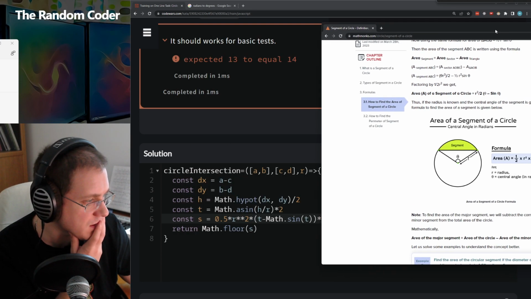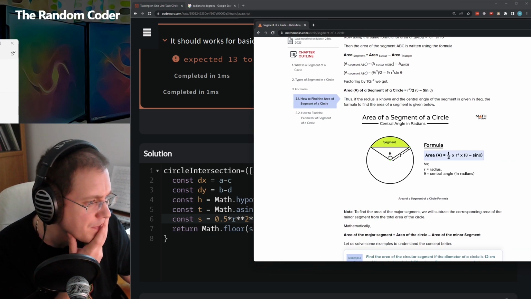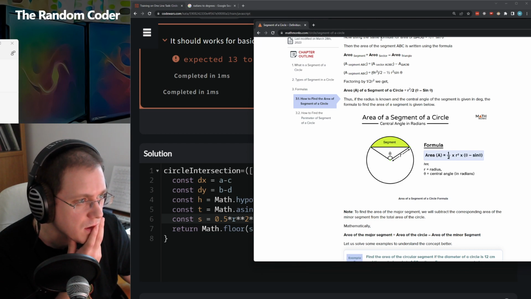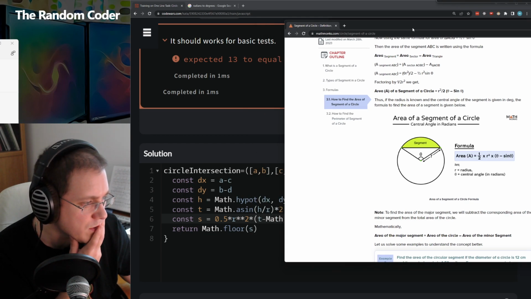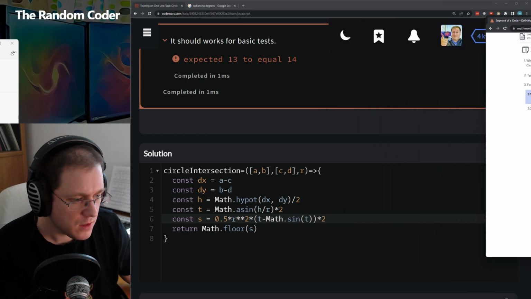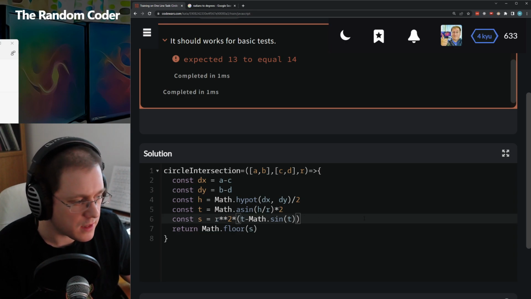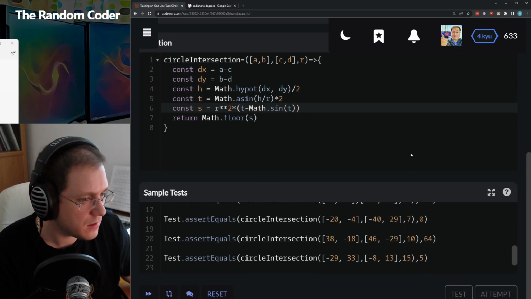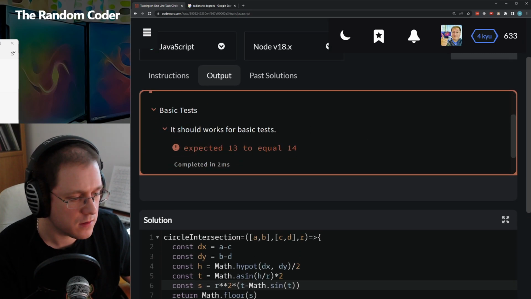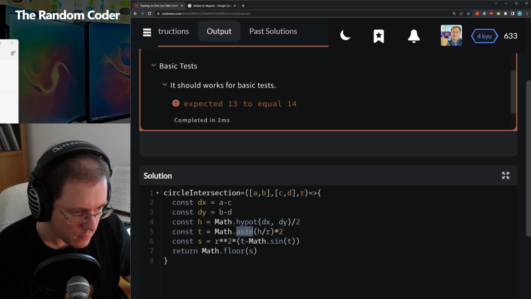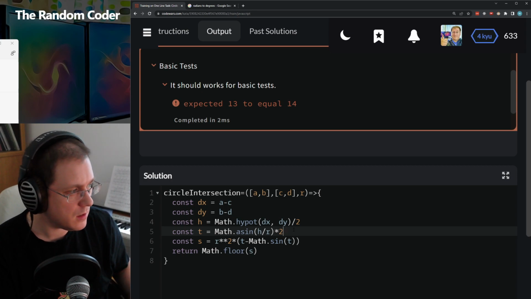Yeah, t minus sine of theta. Half times multiplied by that. Well, the 2 and the 0.5 cancel, so that's fine. But again, that shouldn't impact anything. A is x, b minus d.